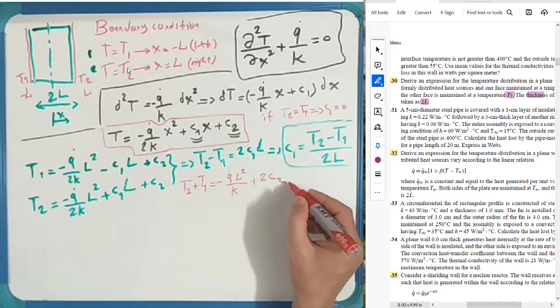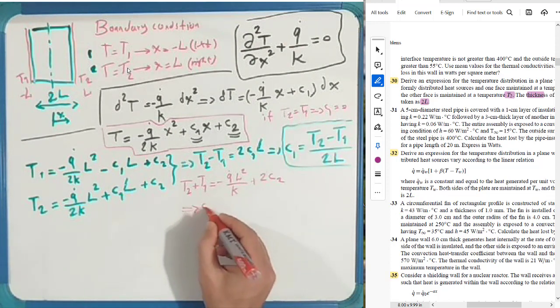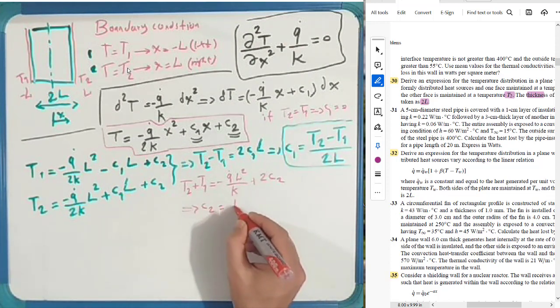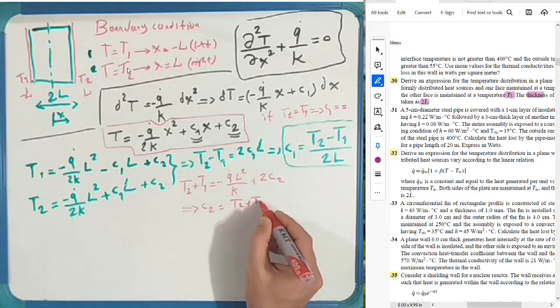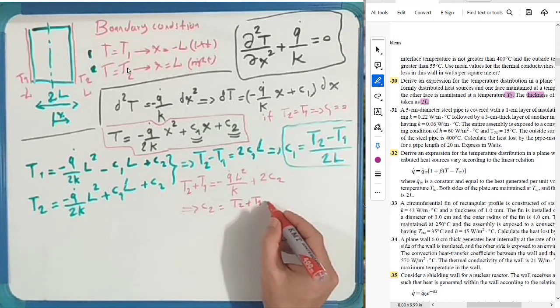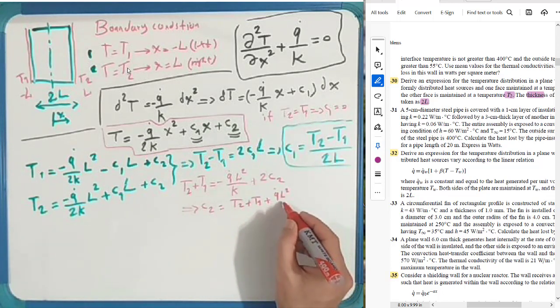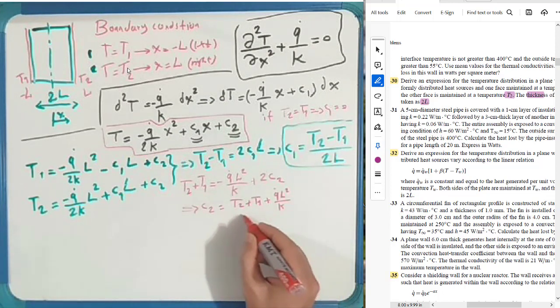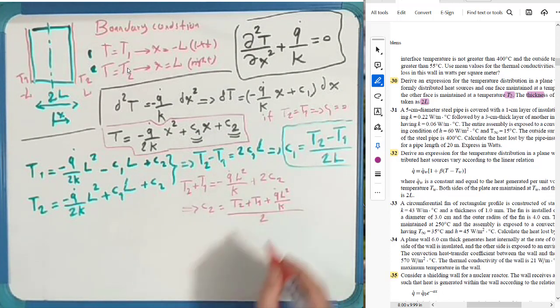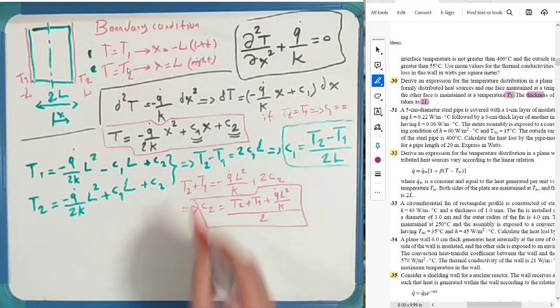Then I can find C2, which is T2 plus T1, plus Q dot L squared over K, all divided by 2, because C2 has 2 in the denominator.